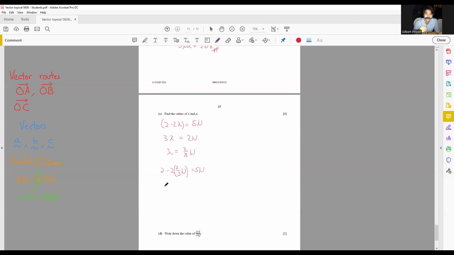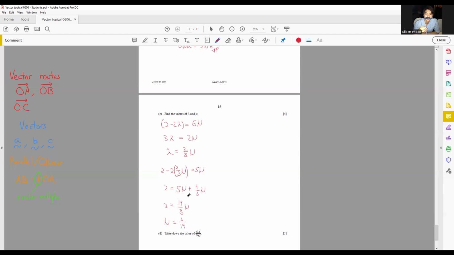Then 2 is equal to 5 mu plus 4 over 3 mu. Finally, you would have gotten 15 over 3 plus 4, that's 19 over 3 mu is equal to 2. And finally, mu is equal to 3 times 2, 6 over 19.